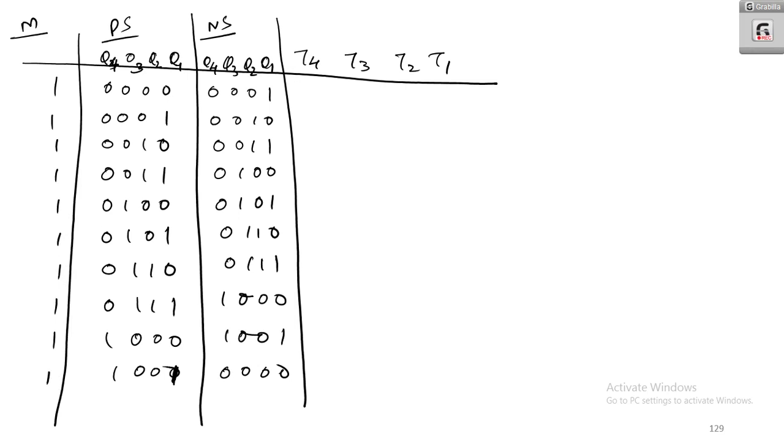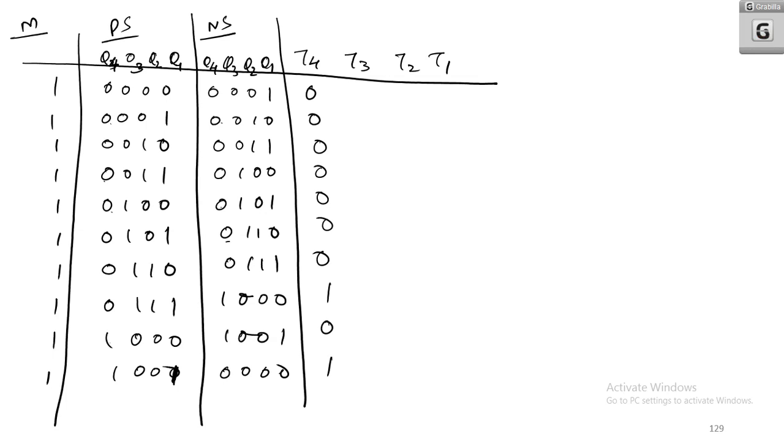Okay. Now let me find T4 only in terms of Q4, Q3, Q2 and Q1. M is there. So 0 to 0 it is 0, 0 to 0 it is 0, and so on, up to 0 to 1 it is 1, 1 to 1 it is 0, 1 to 0 it is 1.